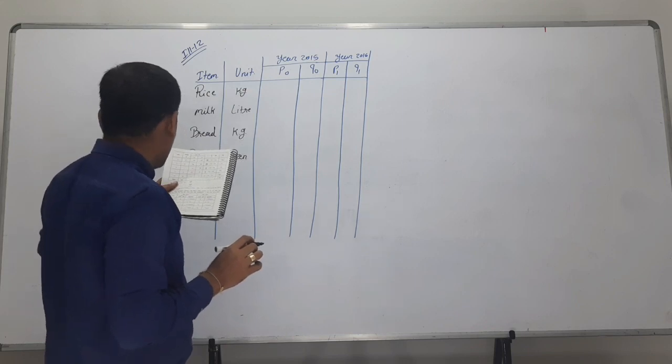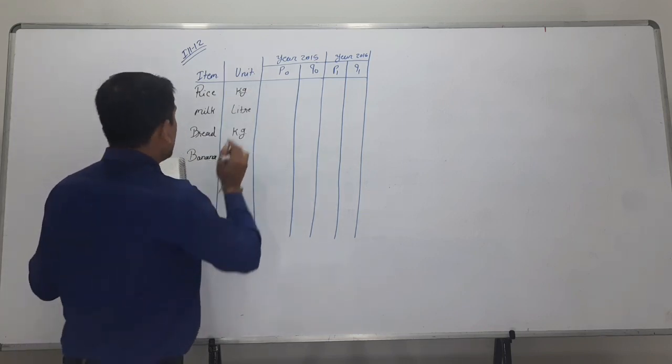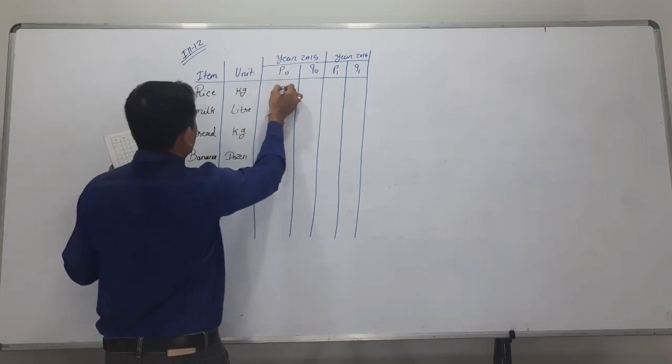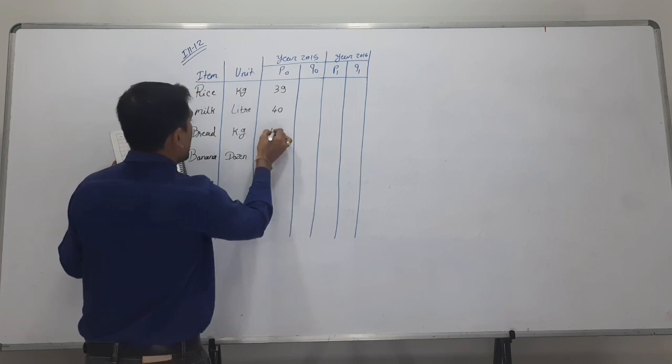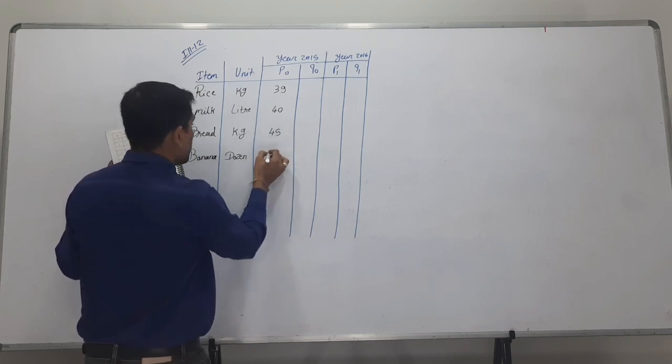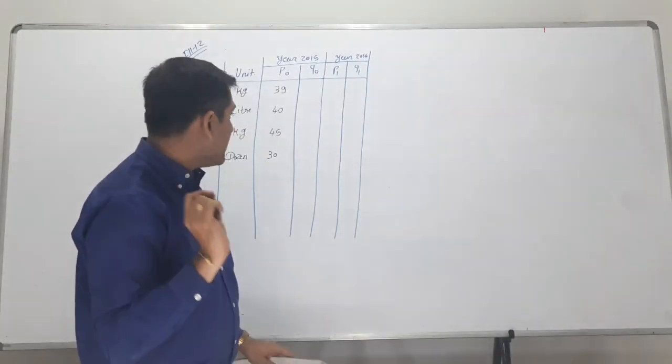Now the price of the base year, first of all we have to write: 39, then 40, then 45, and then 30. Here some difficulty is there.